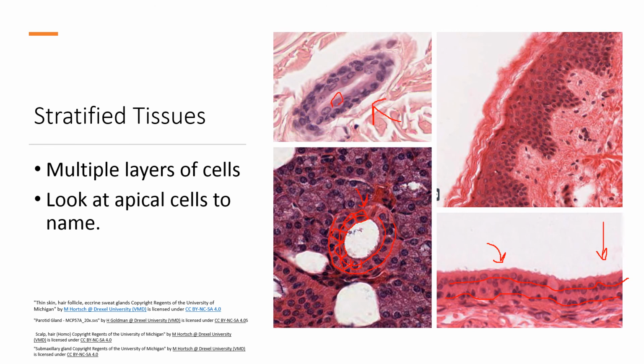They are kind of cuboid, so that's why this is stratified cuboidal. This is stratified squamous epithelium. If this picture were a little bit clearer, we would clearly see that these cells, especially towards the apical surface, are very much that flat fried egg shape of cell.